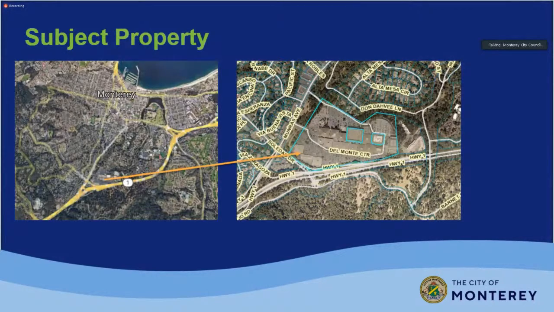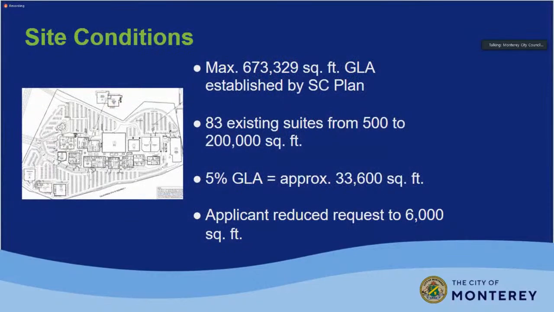It's at the north side of Highway 1 and adjacent to the Alta Mesa neighborhood and Monterey Avenue. This site plan, which obviously we're not able to read here, shows that there are 83 existing retail and other various business suites ranging from 500 square feet to 200,000 square feet.